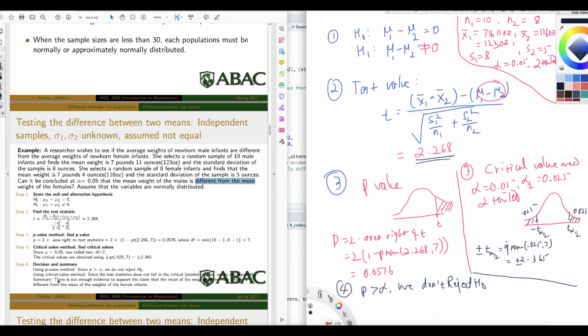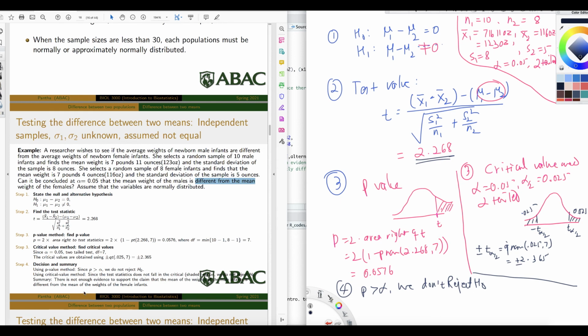Look at this. For the p-value method, since p is greater than alpha, we do not reject H sub 0. And in the critical value method, since the test statistic does not fall in the critical or shaded region, we do not reject the null hypothesis.